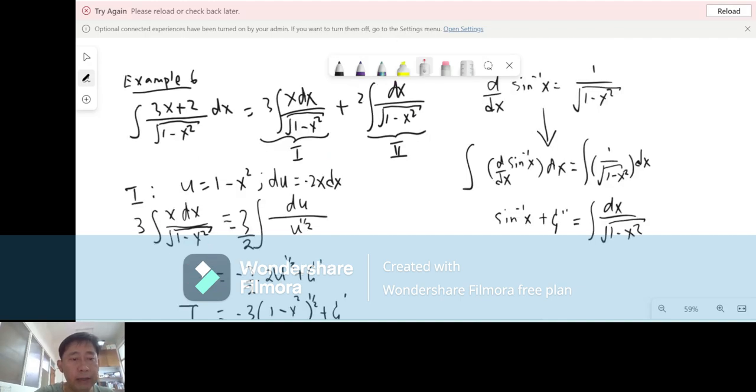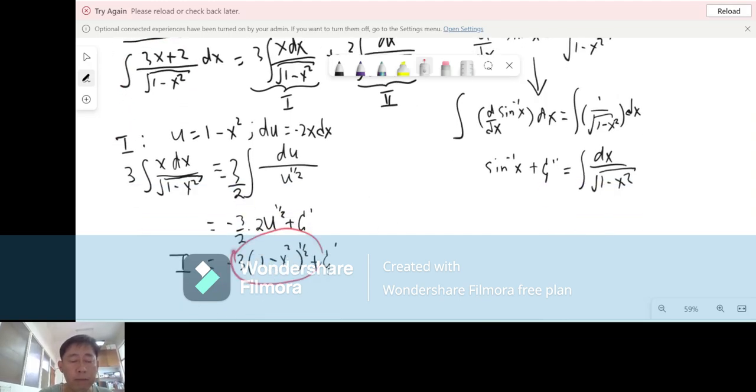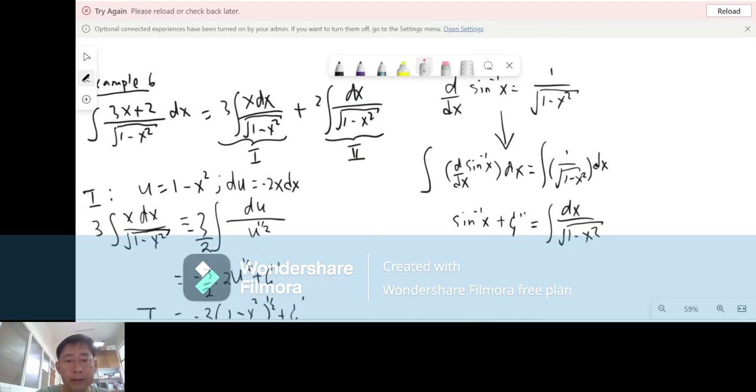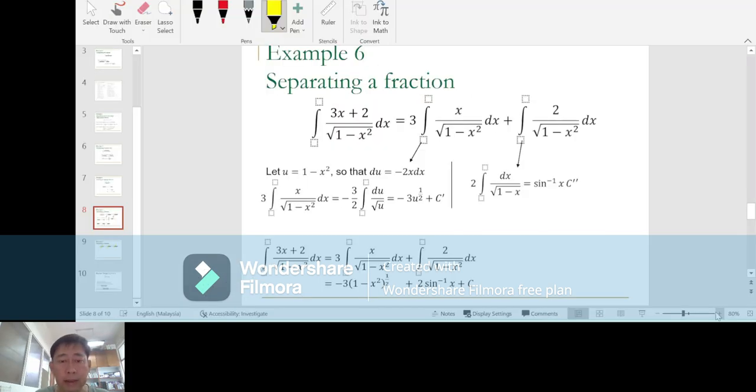Putting everything together, we can then obtain example 6 to be equal to minus 3 times 1 minus x squared raised to the power of half plus 2 times arc sine x plus an arbitrary constant. So this is a clean statement of the result that we have just derived in this video.